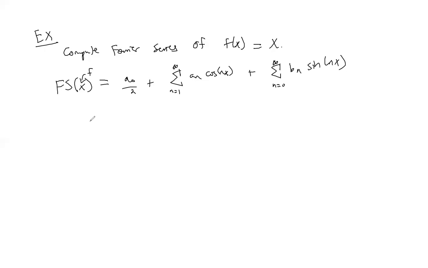Okay, and so now we just compute all these coefficients. An is the integral, 1 over pi, negative pi to pi, of x cosine nx. Okay, so why don't you actually try to do that? You should try to compute that integral out.